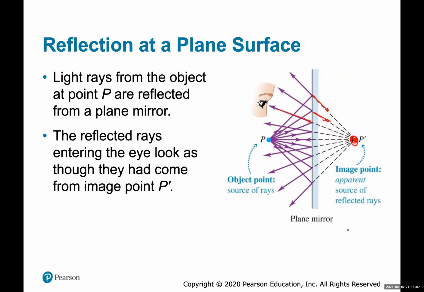And that's where the image appears to be. We say that is the image because it is the apparent source of the rays that we observe. It isn't the actual source. The actual source is over here, but that's okay. It appears like there is a thing.